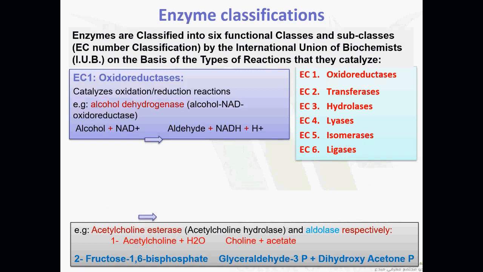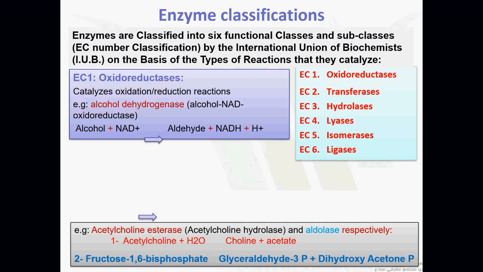This enzyme, alcohol dehydrogenase, changes the alcohol from its normal hydroxyl group to the aldehyde in the presence of NAD plus, the oxidized form of nicotinamide adenine dinucleotide. This is the oxidized form of the alcohol, and the NADH will be reduced.